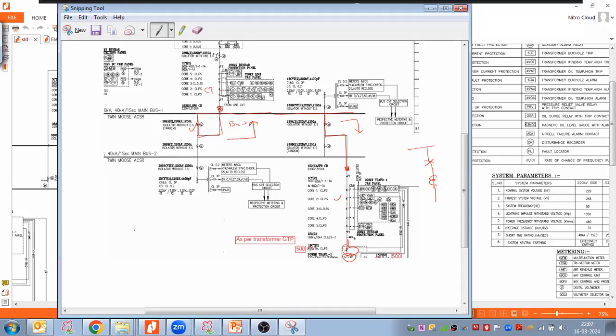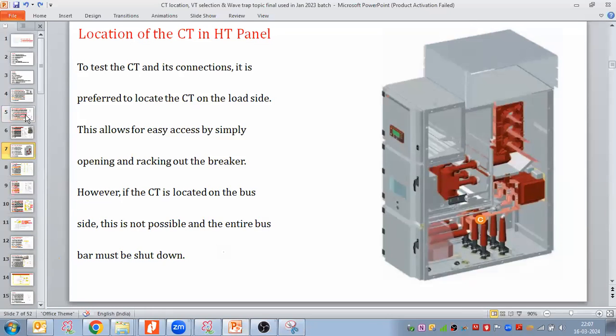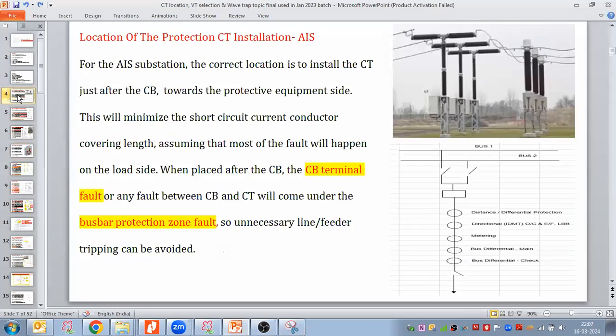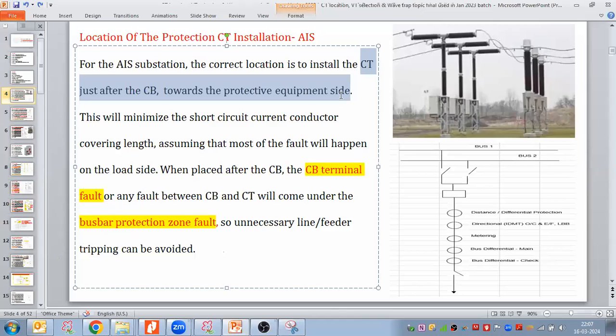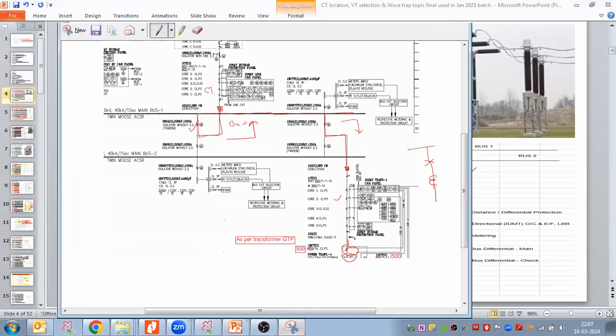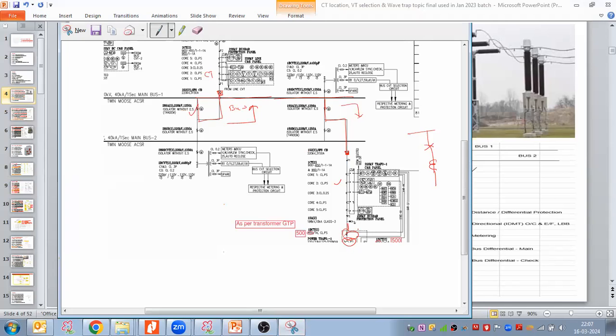And I told you one statement: CT towards the protective equipment side, right? So here in this case, what is my protective equipment? Transformer.